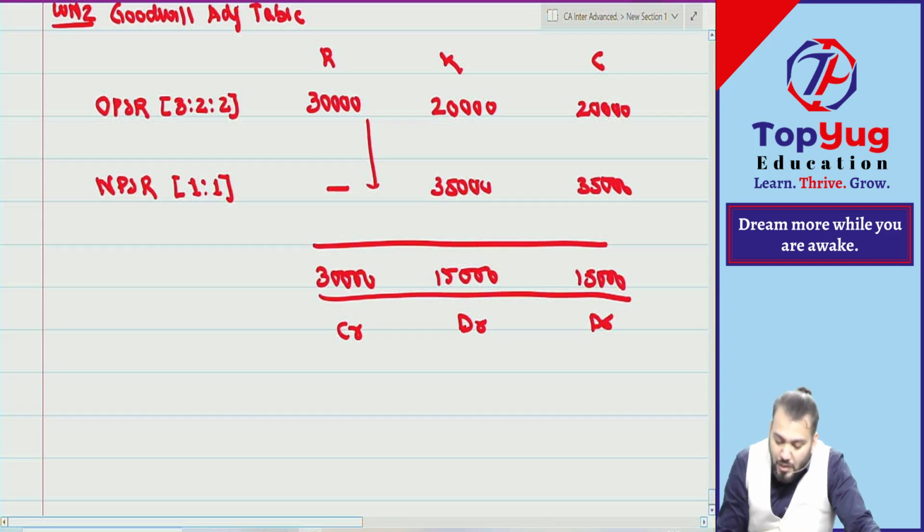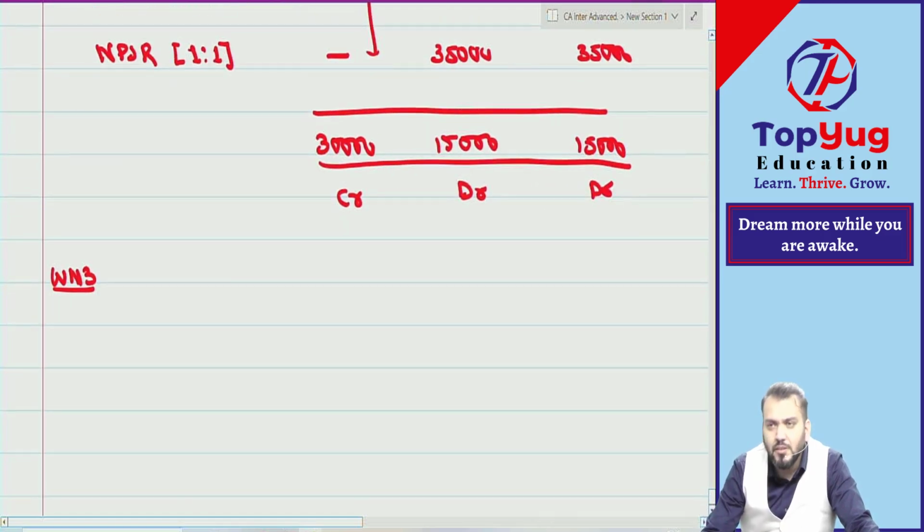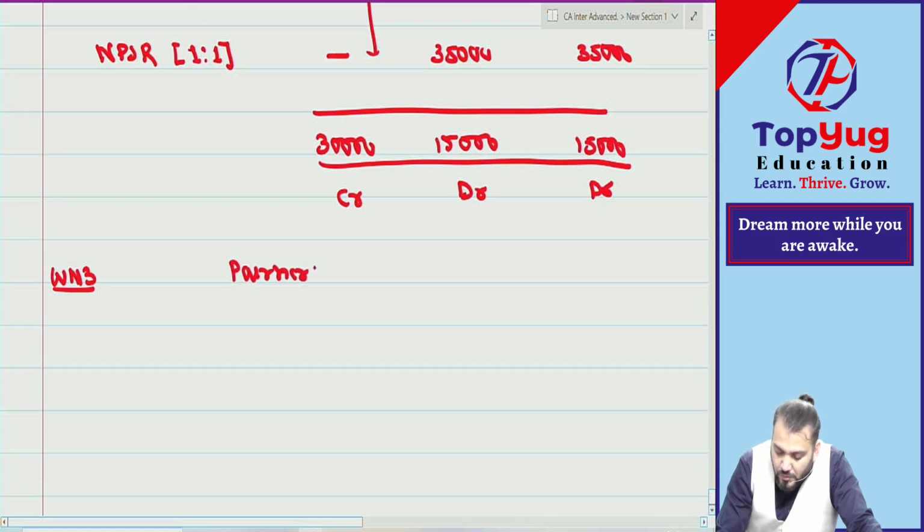Done. Now what will we do? Adjustment done. Then what? Adjustment of cash. For that, which account do we require? Partners' capital account. So can we prepare the partners' capital account?